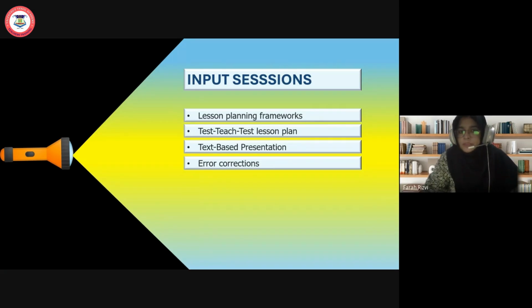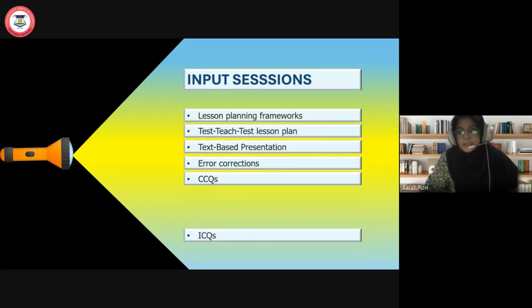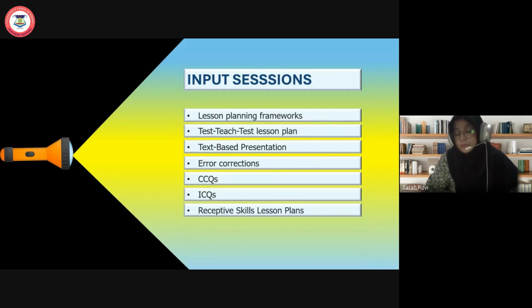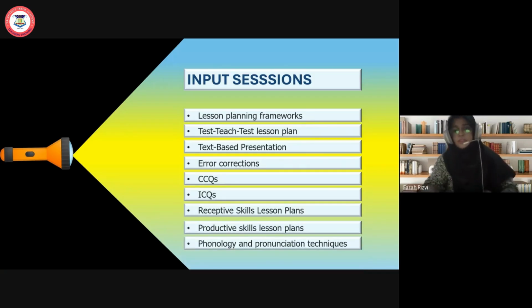Text-based presentation is basically used for teaching lexis and vocabulary. You present a language through text, and then error corrections, CCQs, ICQs, receptive skills lesson plan, and productive skill lesson plans. Phonology, pronunciation techniques, all these things are taught to you in detail by your tutors, and some of them are presented and some of them are taught through demos.